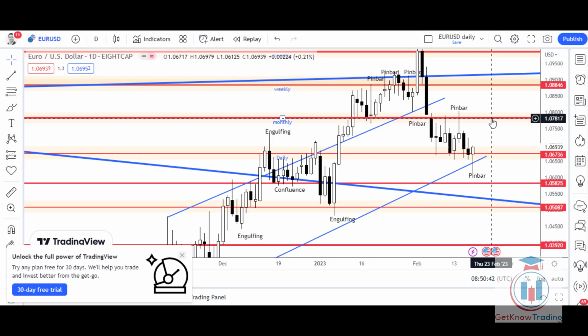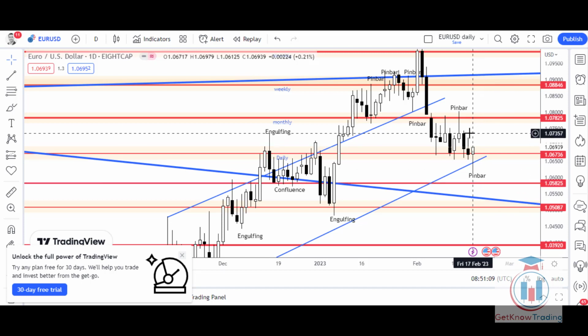So for the next week we could expect and wait until the price makes a move. If the price continues to move down and closes below 1.064 price level, which will indicate that the price has lost its support and the demand zone where the buyers are waiting, it will mean that the sellers are much stronger, and we can expect that the price will continue to move down to here, to the 1.05825 support level.